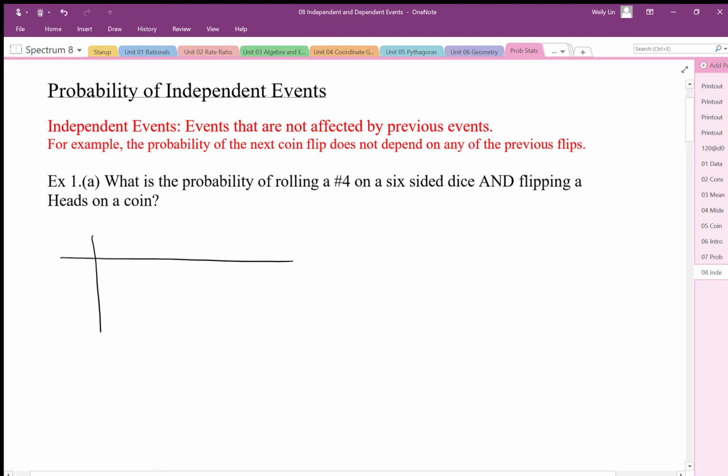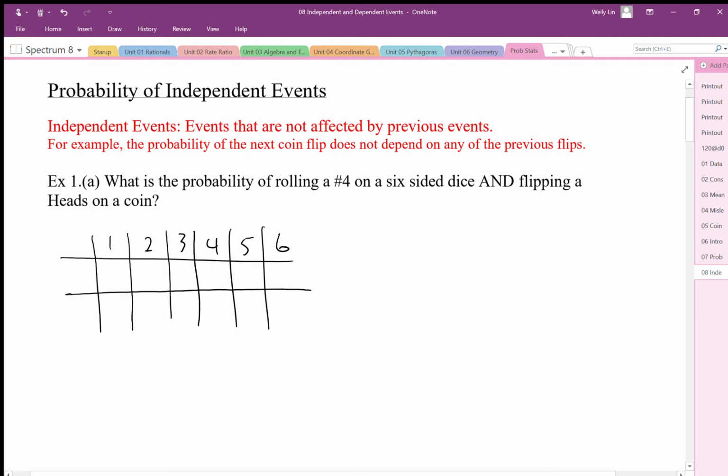Okay, so we have 1, 2, 3, 4, 5, 6 as possibilities for our dice roll. And for our coin flip, we can have heads or tails. Okay, so what we want to know is the probability of rolling a 4 and a heads. So if we look at that, this is 4 and heads.